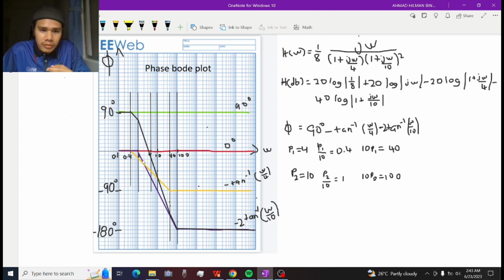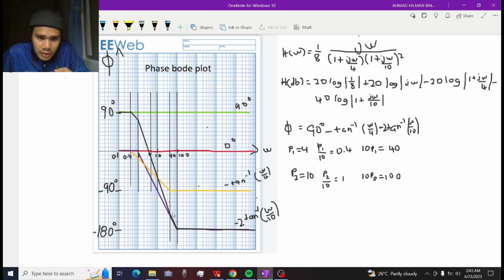But then to find how many divisions we need to plot, we must divide it by 9, and then we get 24 divisions. So from here we count until 24 to the bottom, and then we plot it at 40, and we get here.